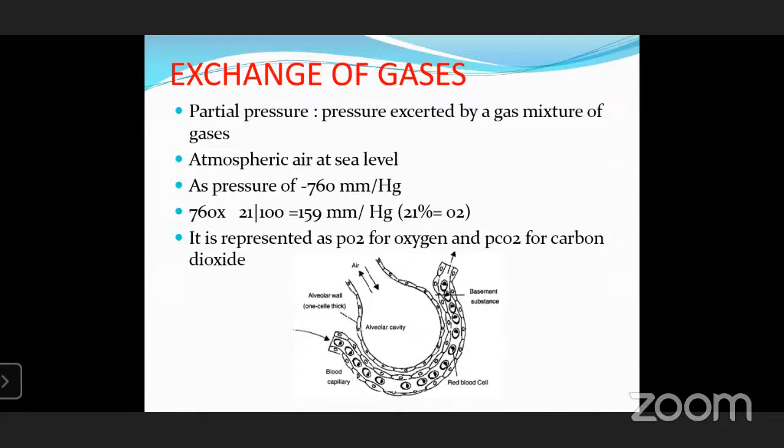The alveoli are covered by the simple squamous epithelium. Yes, this is the thin layer. Then there is an exchange of carbon dioxide and oxygen between the blood and the lungs.